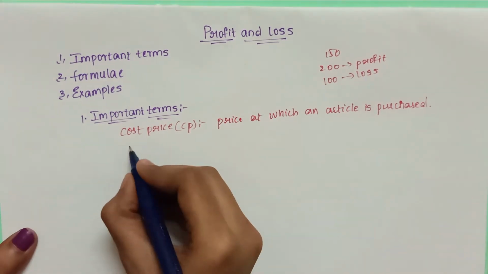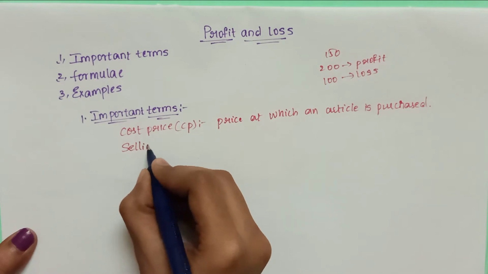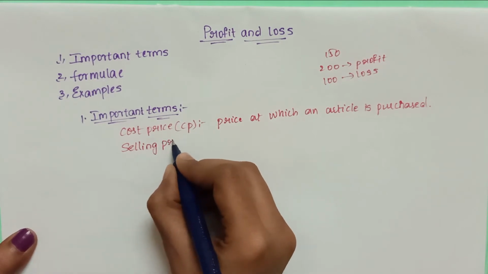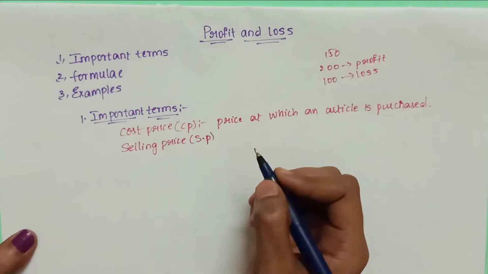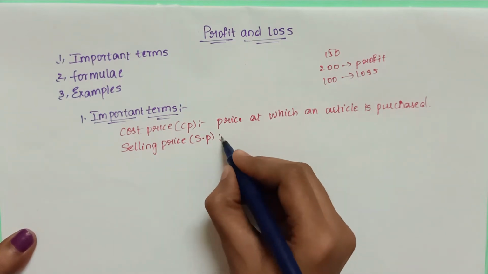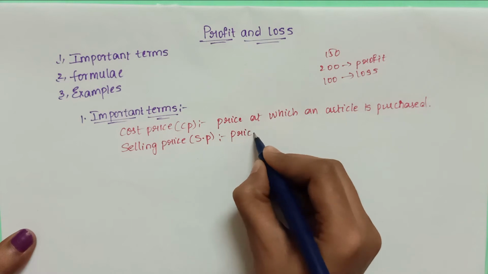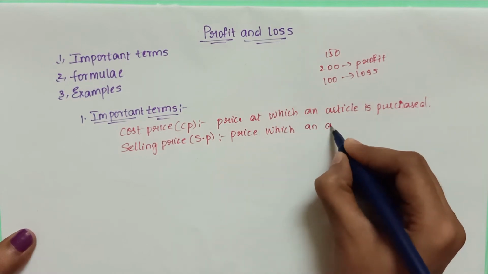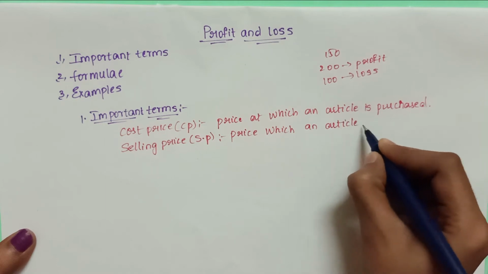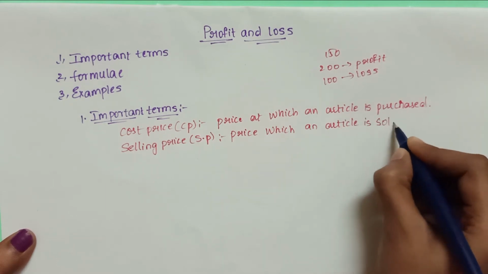Next one, selling price, SP, a price at which an article is sold.